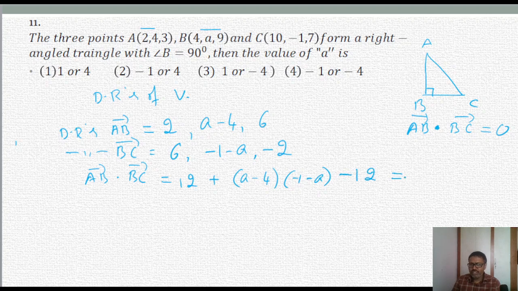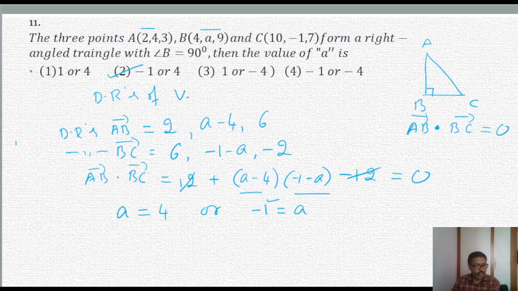We know this is equal to 0. Minus 12 plus 12 will get cancelled. Now two factors we have, so directly you'll get the solution as a is equal to 4 or minus 1. So the value of a is either minus 1 or 4. Clearly option 2 is our solution for this.